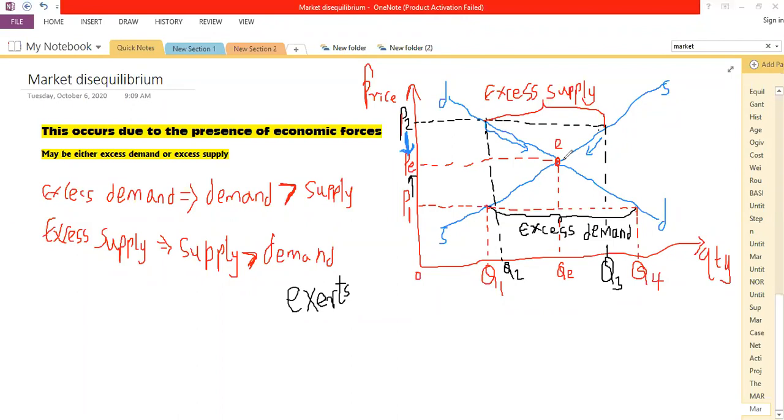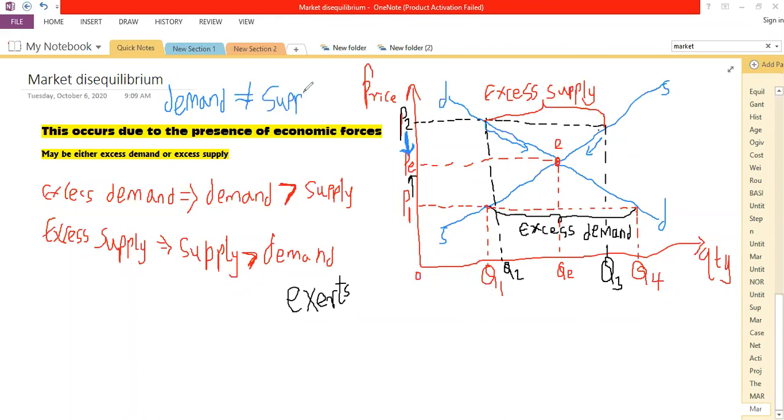So that is what we call disequilibrium in the market for a commodity. As I've stated in this class, the condition for disequilibrium is that demand for the commodity in the market does not equate to supply. They are not the same.